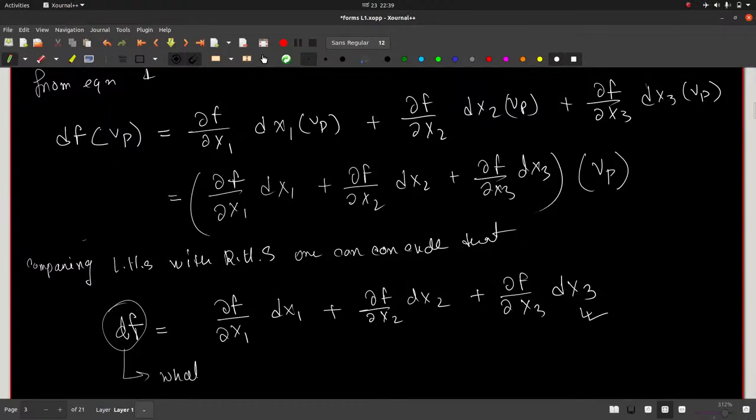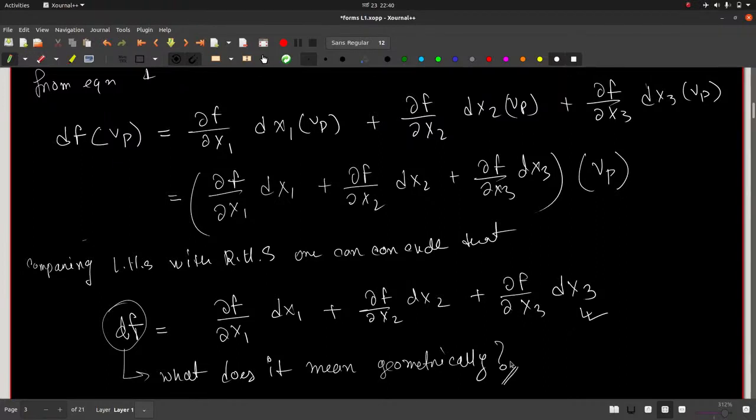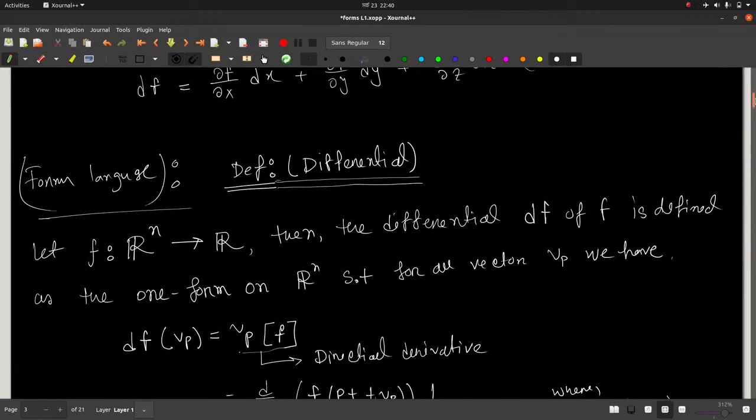What does it mean geometrically? Well, let's try to look at the definition again. On the left hand side we are talking about this differential one form acting on some vector, but on the right hand side this is equivalent to a directional derivative, right?